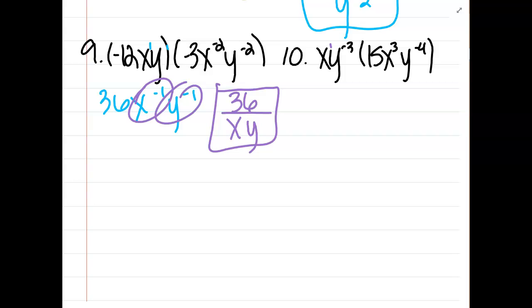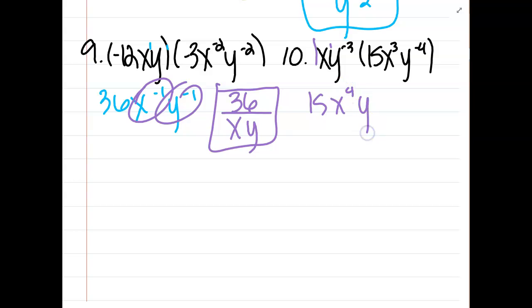Okay. So my numbers, I've got the 15. I guess technically I have a 1 here. Just be 15 times 1. Just going to be a 15. When you multiply your x's, x to the 1st times x to the 3rd would be x to the 4th. Good. 1 plus 3.